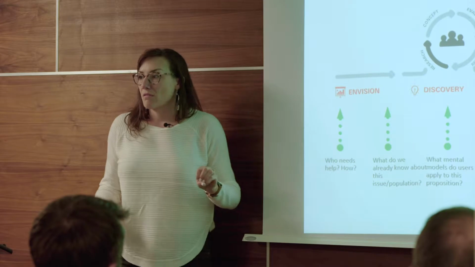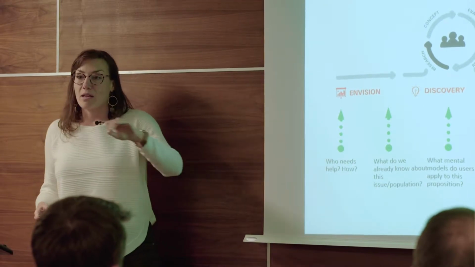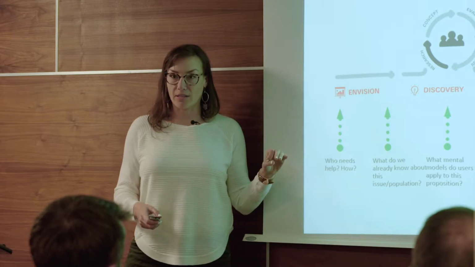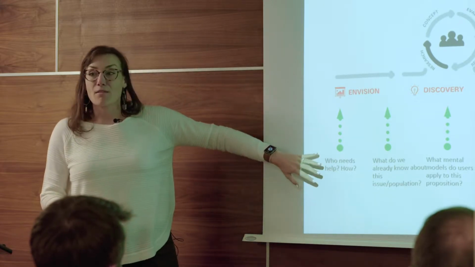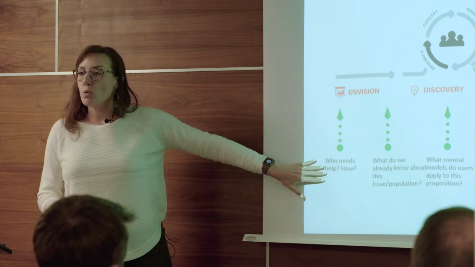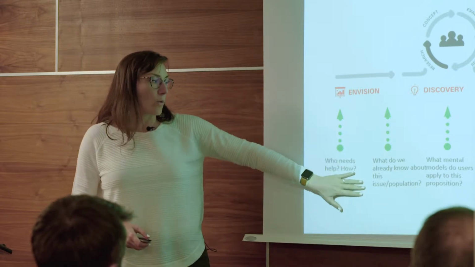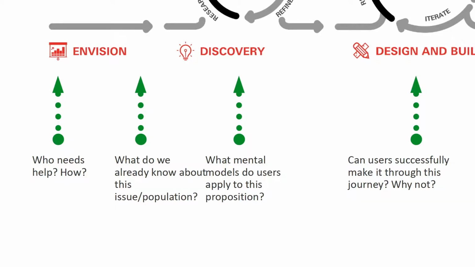The really important thing for researchers, and actually for everybody in this room, is to understand what questions you need to ask at what point in the product life cycle. When we're talking about at the very beginning stages, who needs help? And how are we going to help them? And then you start getting into, what do we already know about this issue or this population? What mental models do you already know that person applies to whatever product you're using?